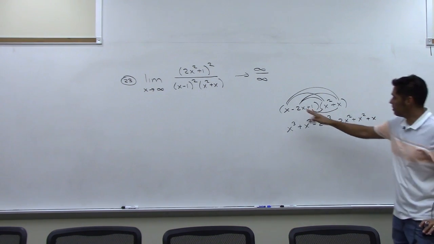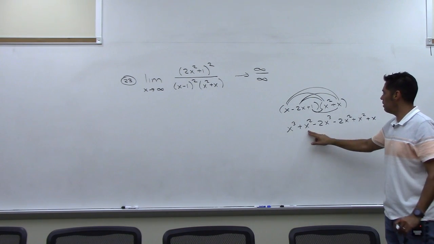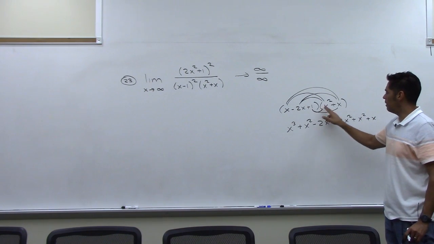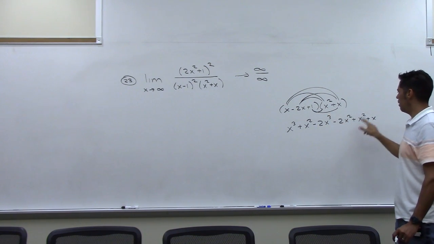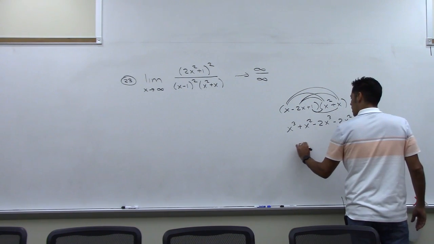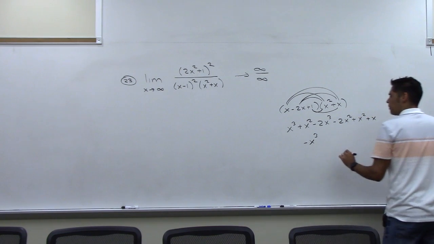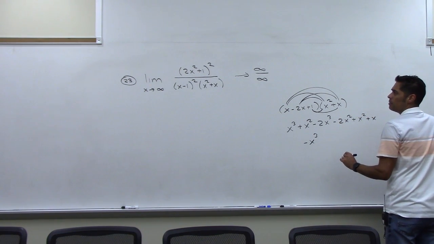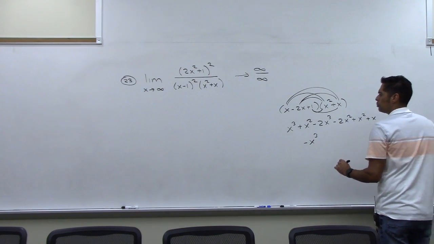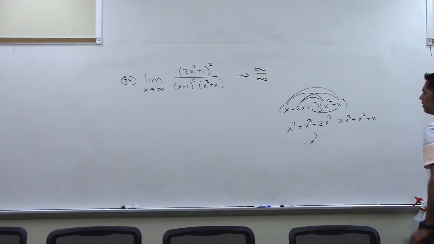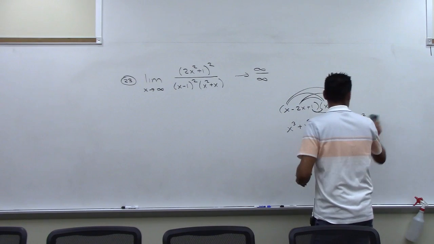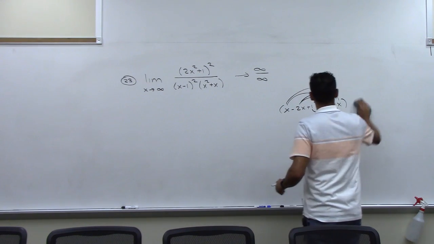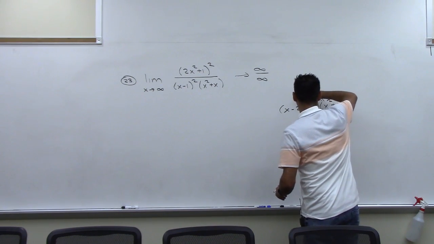All right, let me just double check this. x cubed plus x squared, negative 2x cubed, minus 2x squared, x squared. Okay, combine like terms, negative x cubed, and I feel like I'm really missing something. I apologize. I see what I'm missing. I knew something didn't seem right there. I hope you see it.